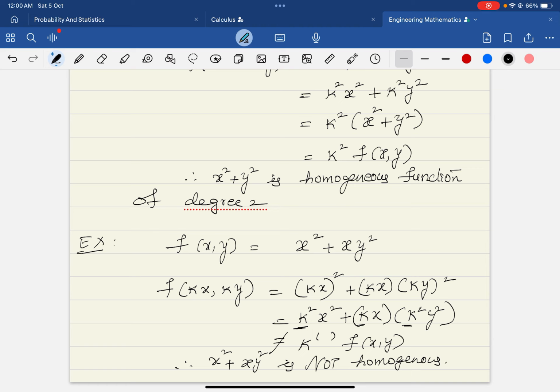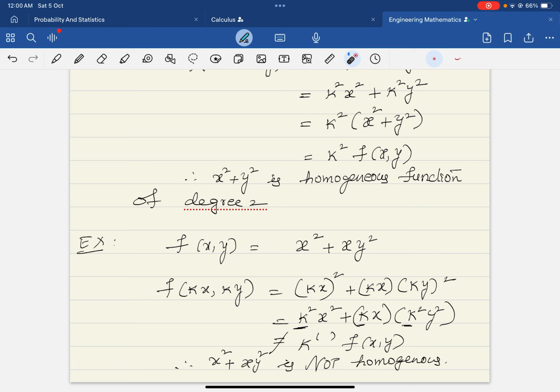I hope you could understand now, with one example of homogeneous and the other example of non-homogeneous. In a quick observation, if the powers of the terms are the same, then they are homogeneous. In this example, the power here is 2, whereas for x the power is 1 and for y the power is 2, so the degree of that term is 3 and the degree of this term is 2.